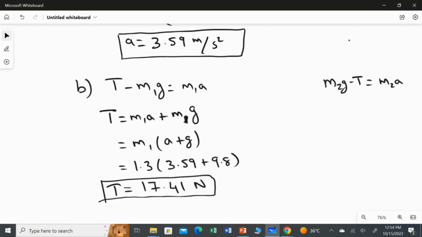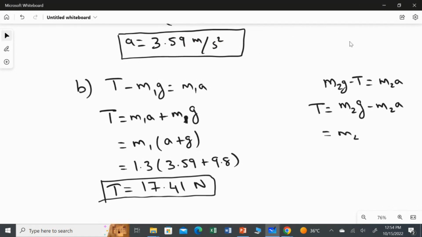Okay. Can you please test the same for the second equation? Because as I already mentioned, if you use any one of the equations, you will get the same answer. Okay, I will show the answer for this equation also. I'm going to move this tension to the right hand side, so it becomes positive, and I am going to take this m2a to the left hand side, so it becomes negative. Therefore T is equal to m2g minus m2a.